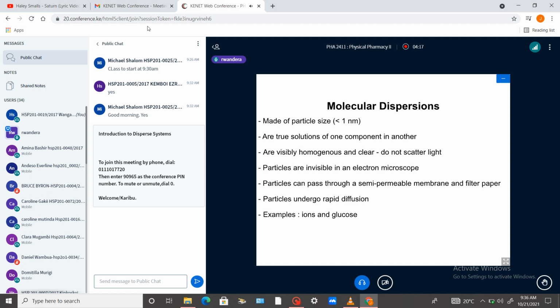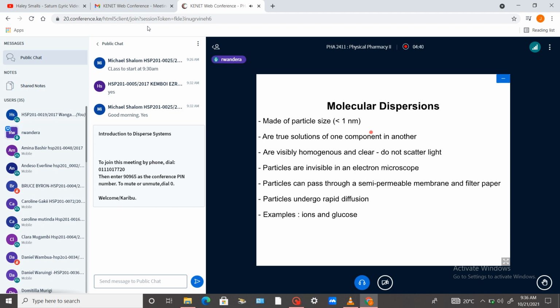So molecular dispersions. Molecular dispersions are made of particle sizes of less than 1 nanometer, not 1 micron, 1 nanometer, very small. They're actually not visible by the naked eye, and form true solutions of one component in another.